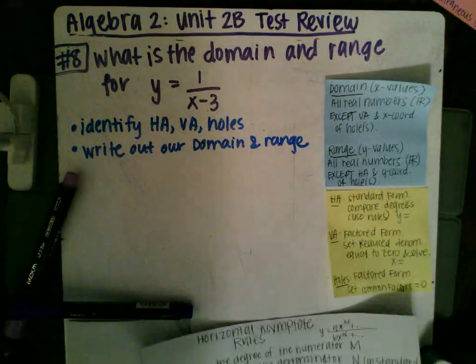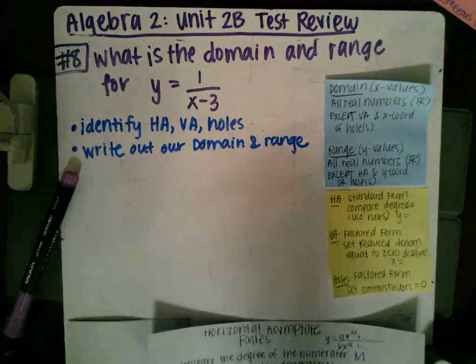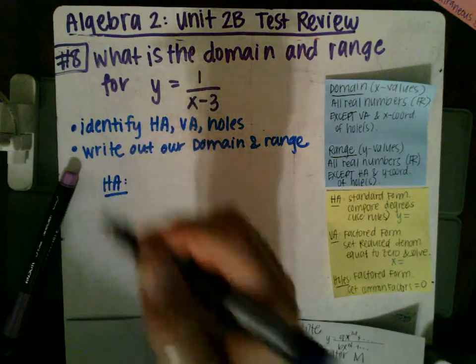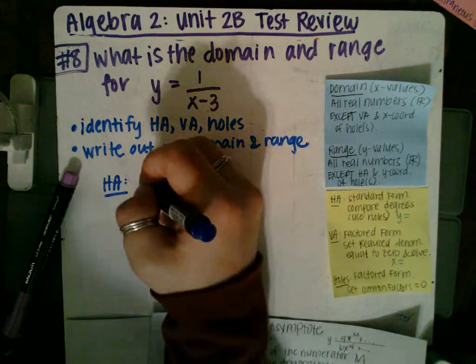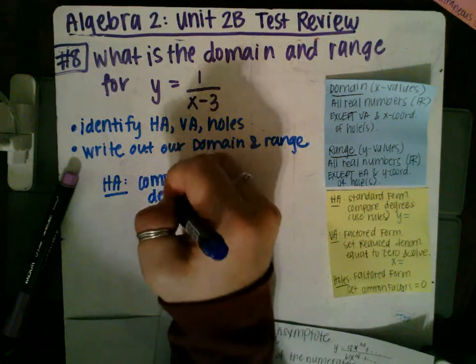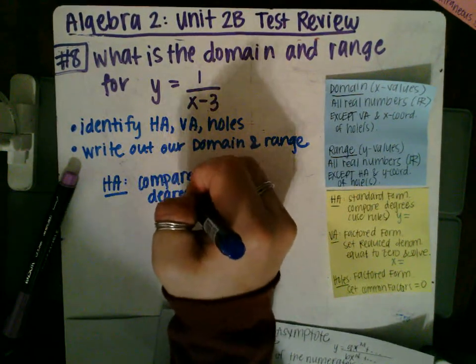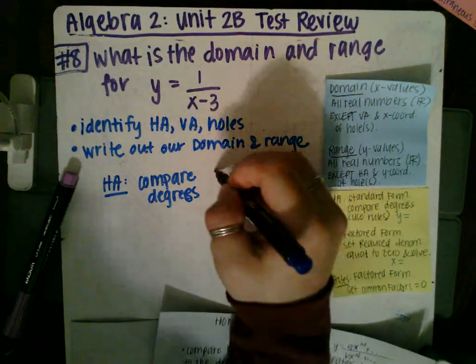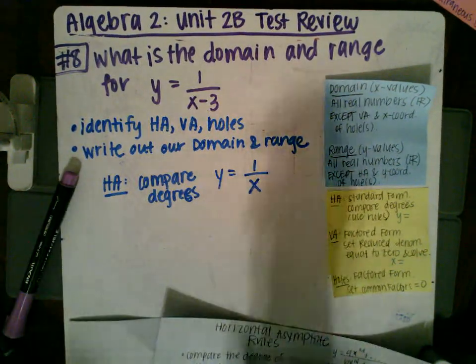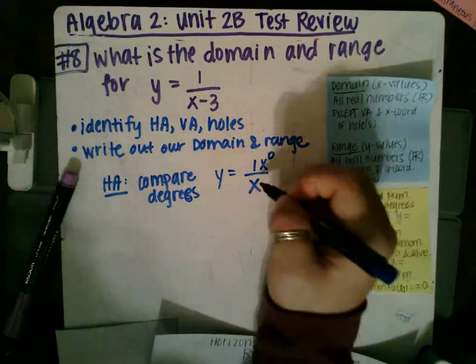All right, so to find my horizontal asymptote, I must compare my degrees. So notice I have y equals 1 over x, right? This is x to the 0th power.